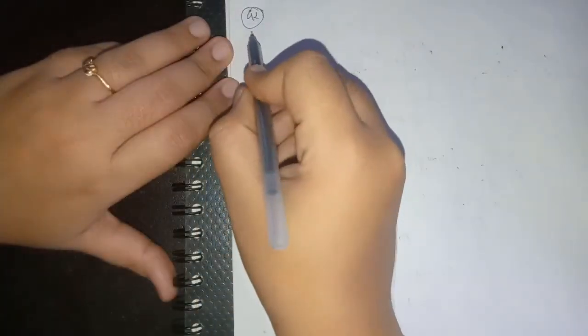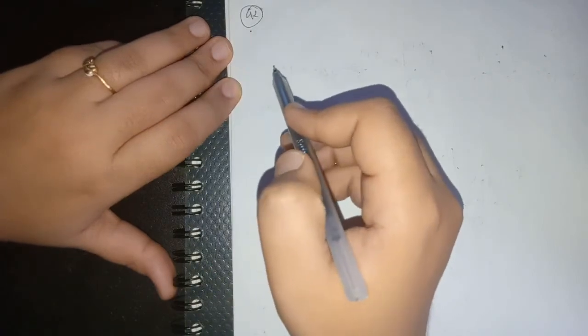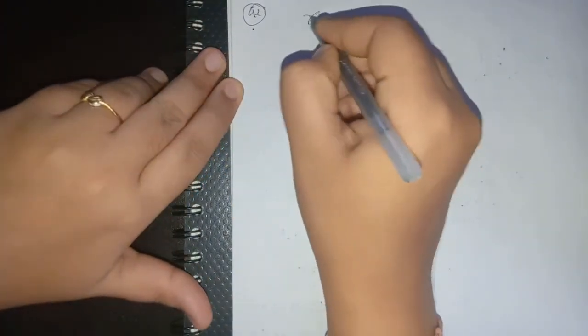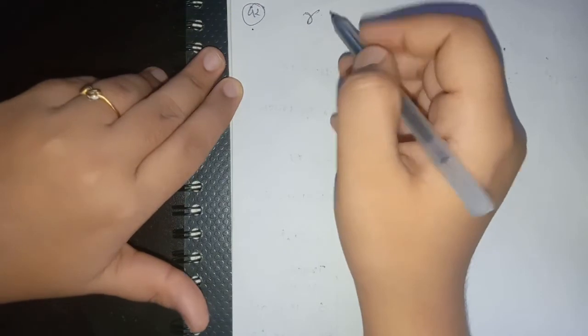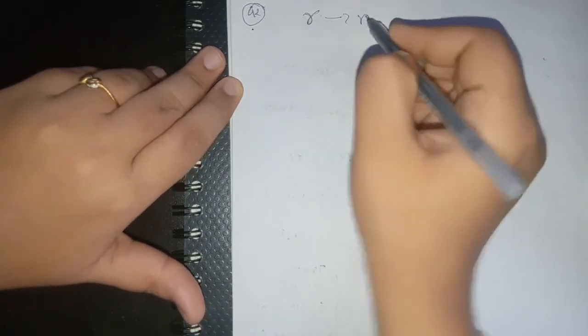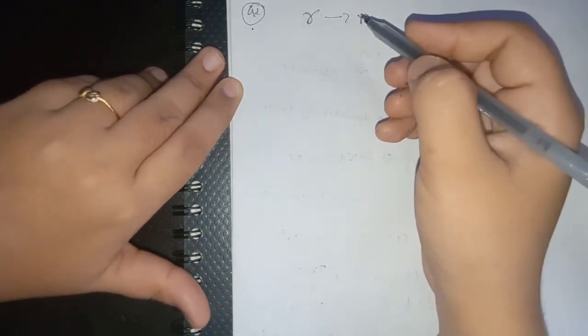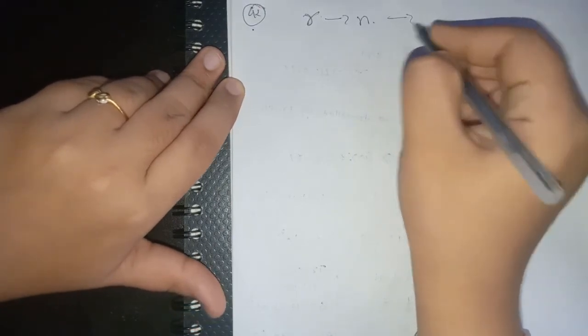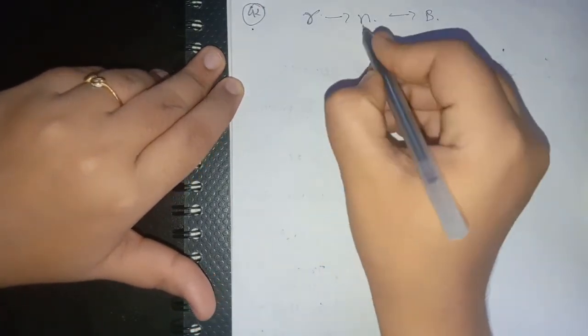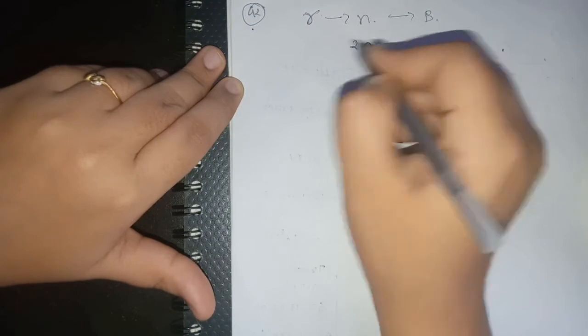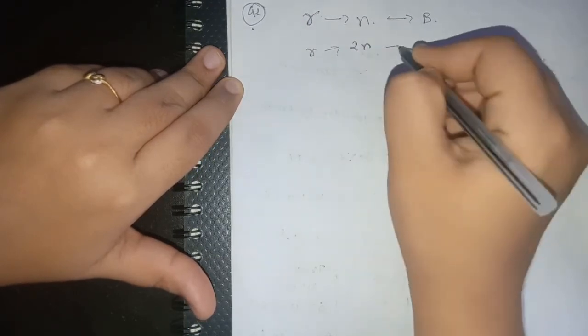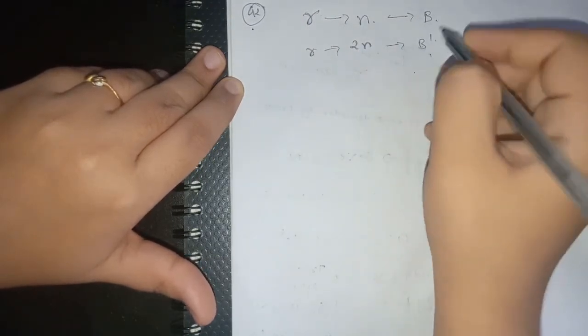In question number 42, the ends of a circular coil of radius r and number of turns n are connected to the two terminals of a cell, and the magnetic field at the center is B. Now the number of turns is made 2n, keeping the radius constant. We want to find the new magnetic induction.